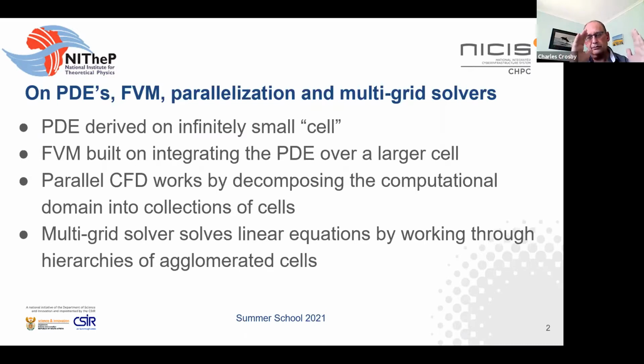So that whole concept of working with a range of cells remains a logical one. And interestingly enough, the earliest forms of parallelization of CFD codes was to take that multi-block grid that we showed you earlier. We've got 1,000 blocks making up a grid of, say, 4 million cells.